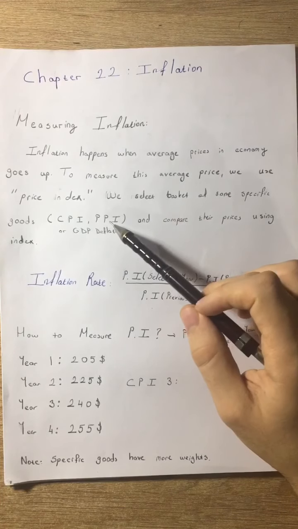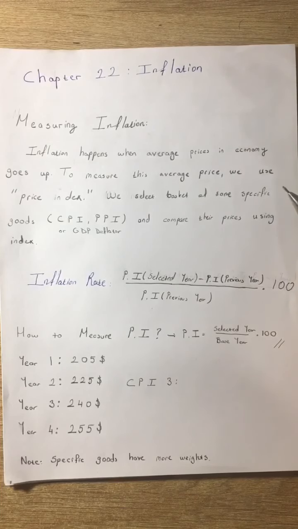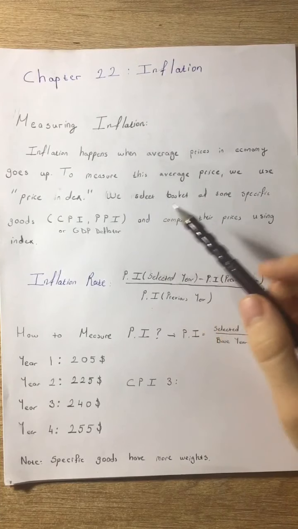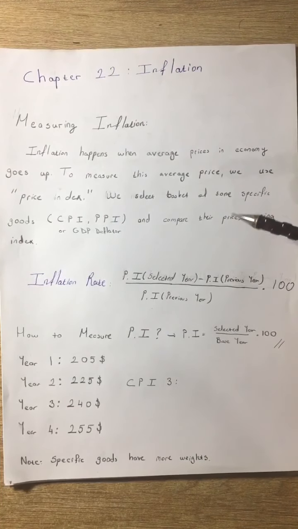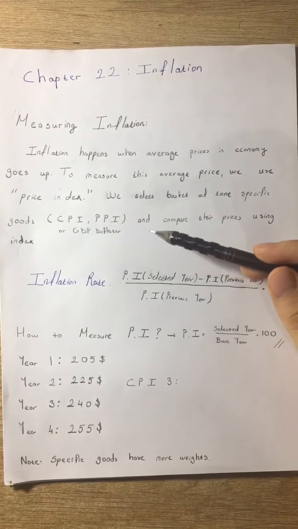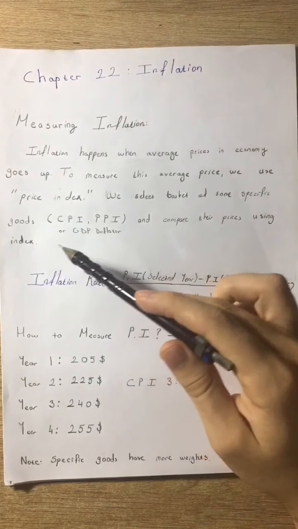And PPI, producer price index, focuses on the goods that producers use, such as inputs, prices of inputs. So we can use different price indices, and what changes is the basket of goods. And after we find the price indices, we will compare prices using the index.